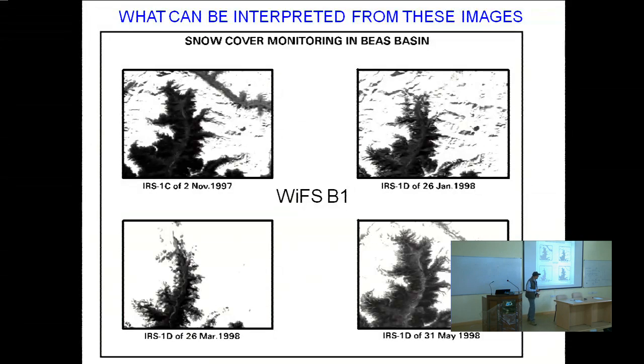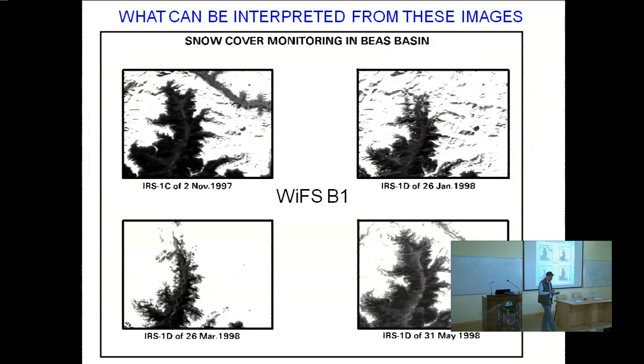So it is important for you to understand this. If you use the ordinary supervised classification, which many of you are familiar with, even if snow area is the same, it's quite possible in January you will interpret less, and in March you will interpret higher, depending upon shadow. So this kind of issue you need to understand.